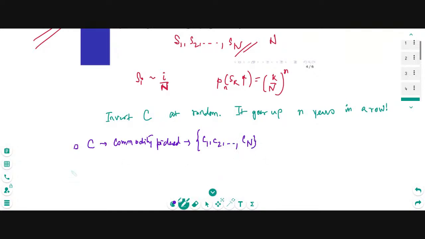The next one is Un, the random variable that the selected commodity grows or goes up.